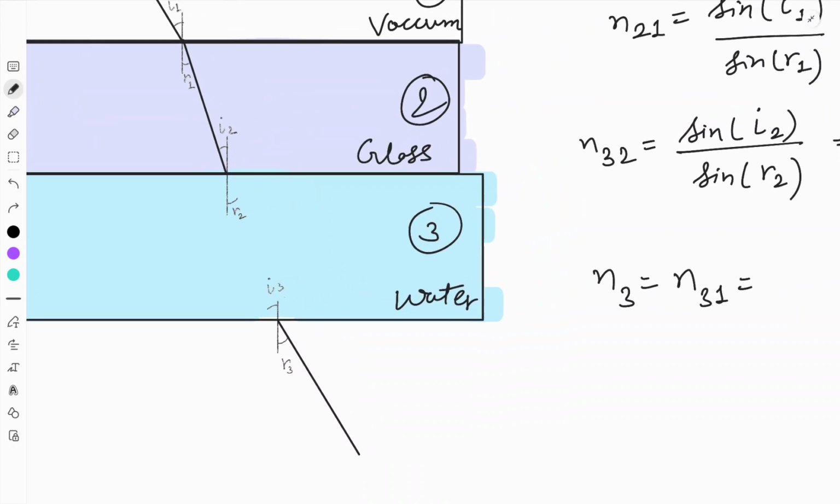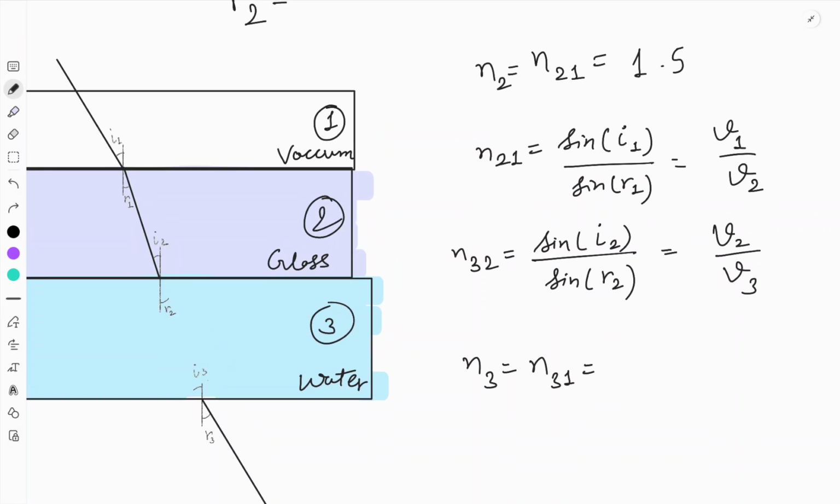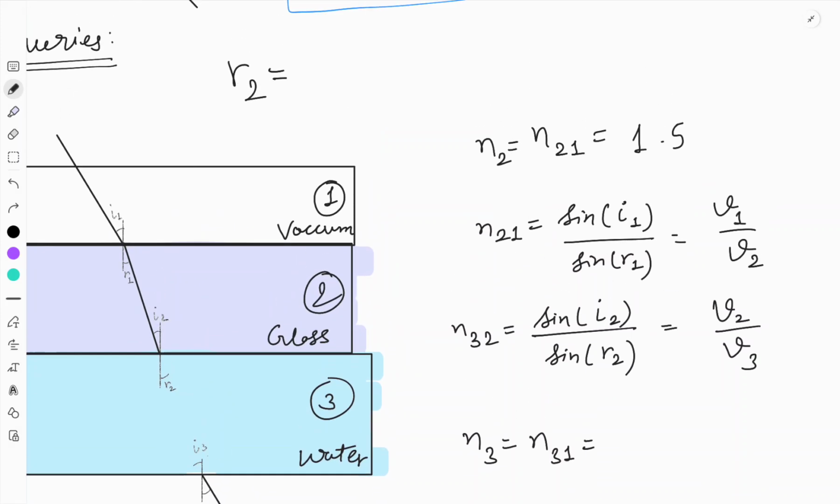Okay, so let's apply our law, a particular law, Snell's law, that we have studied. I mistakenly wrote it as SNAIL, but it actually is SNELL.